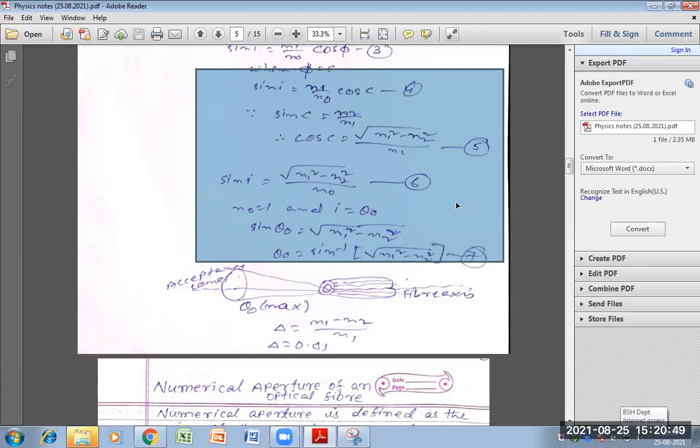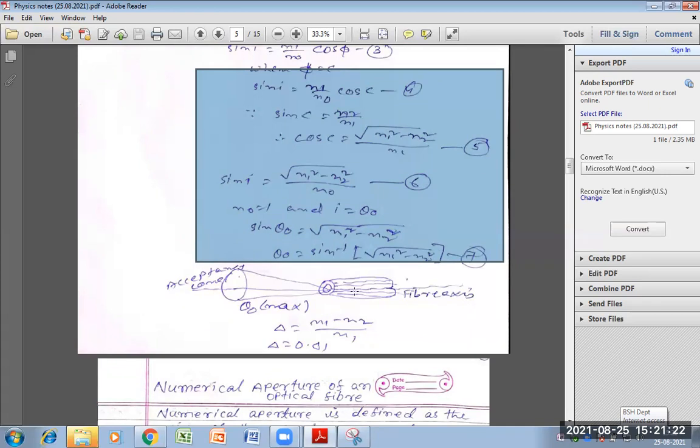The light rays contained within this cone, having a full angle of 2 theta naught, are accepted and transmitted along the fiber.